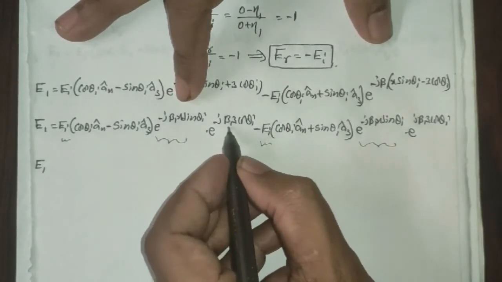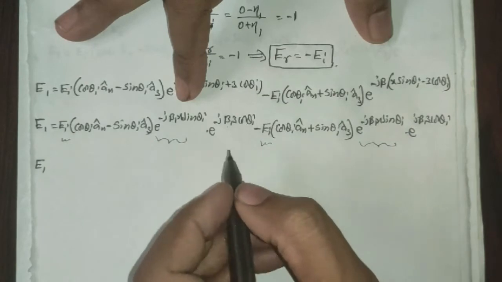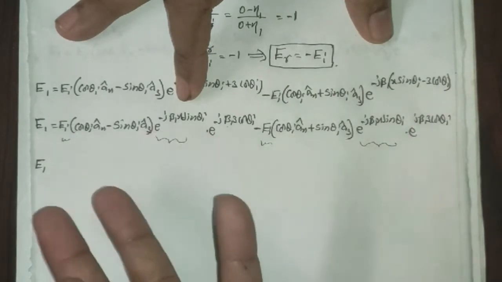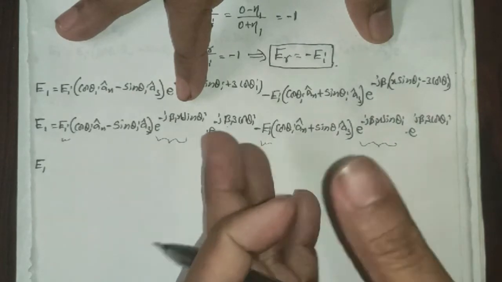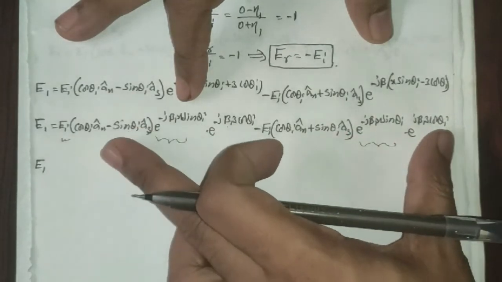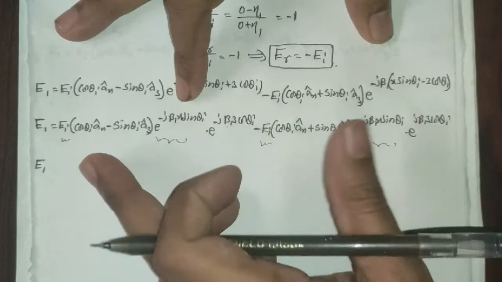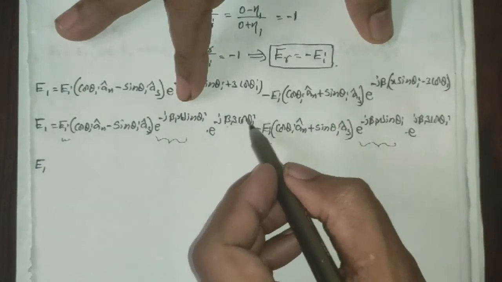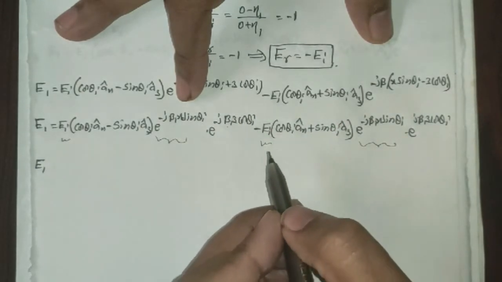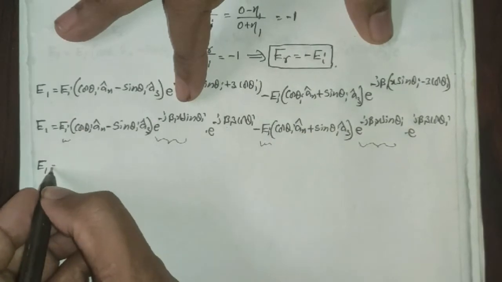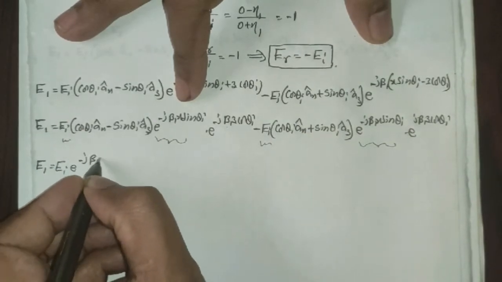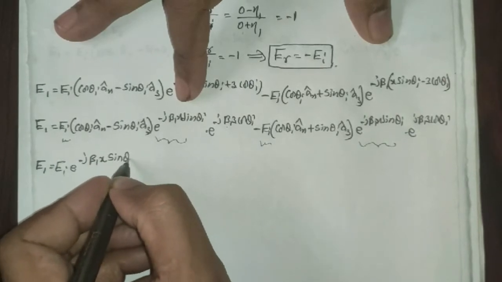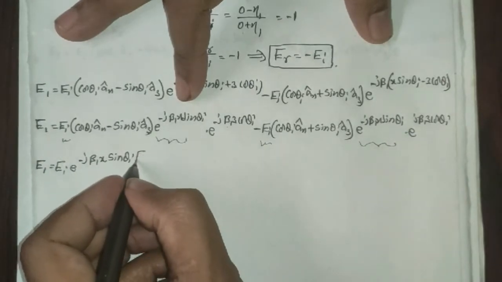The length of this equation would run out of the space on the paper, so in order to reduce this situation, I am assuming beta 1z cos theta I equal to p. So let us take EI into e power of minus j beta 1x sin theta I as common.